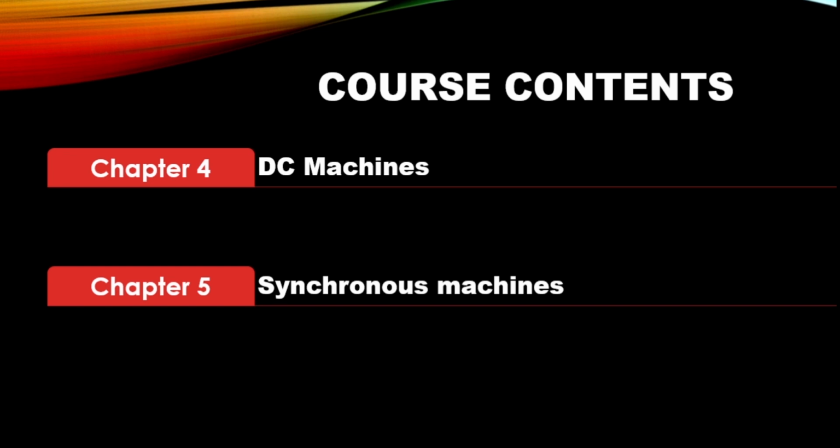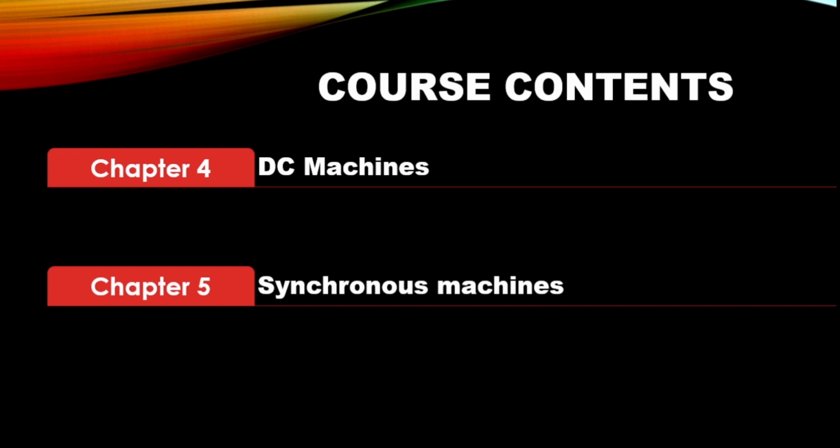As earlier, we can discuss their construction, each component and part, and then the principle of operation. Then we develop an equivalent circuit which exactly represents the behavior and characteristics of the device.